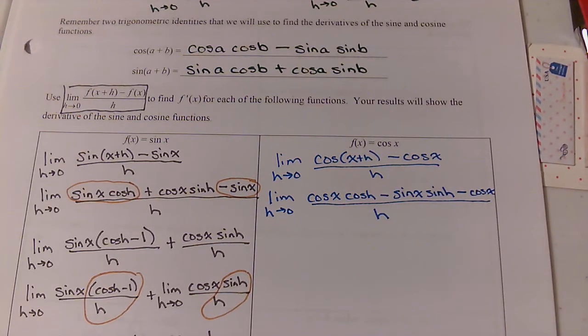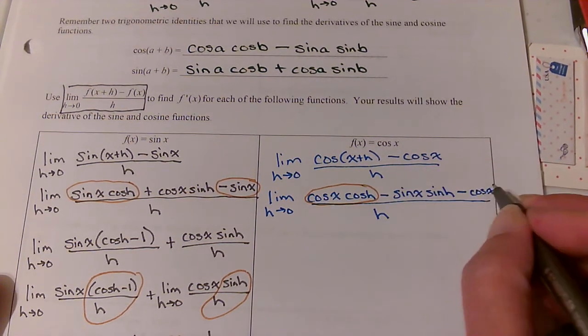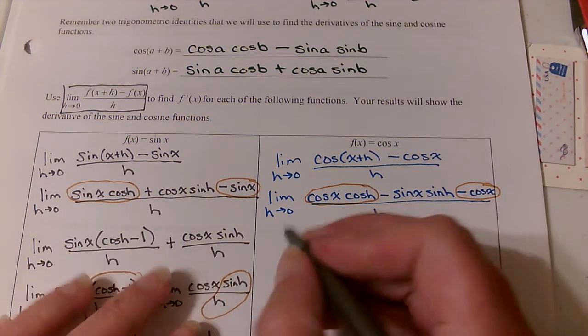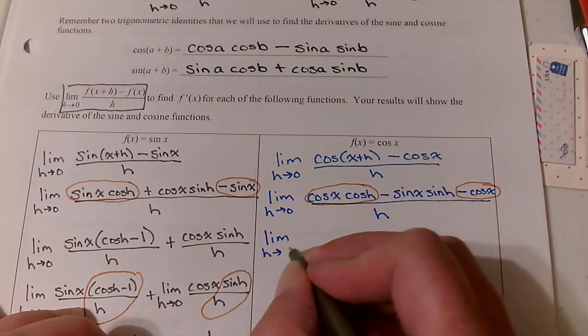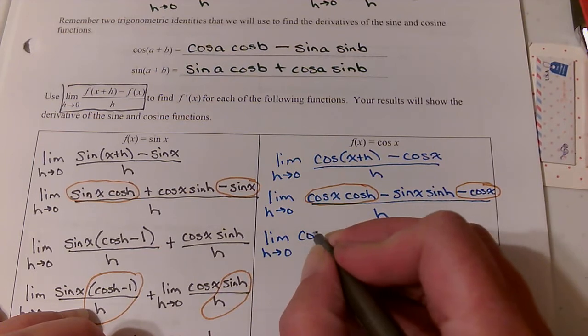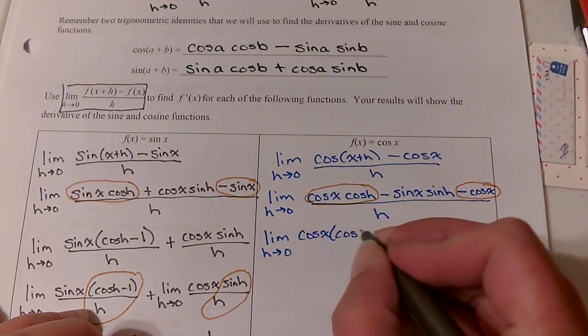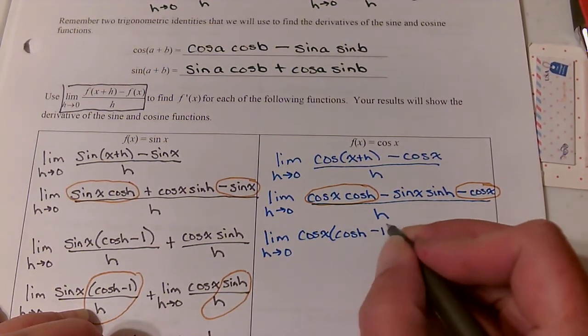I wonder if we can do something similar to what we just did. I notice I've got two terms with cosine in them. This one has a cosine x, and this has a cosine x. So I'm going to do a similar technique and factor out the cosine x from each of those terms. So I have cosine x, and when I factor it out of that term, I still have cosine h minus 1.